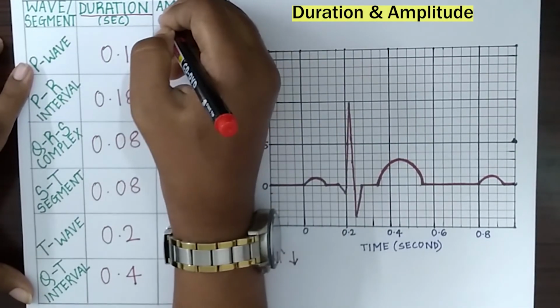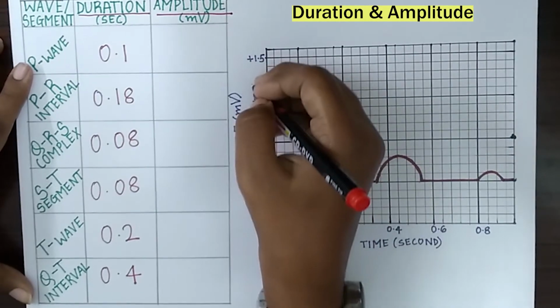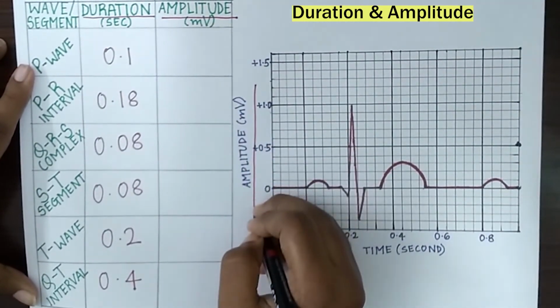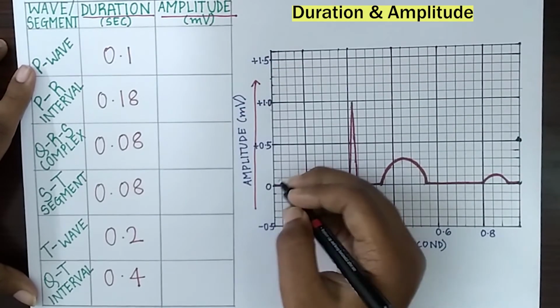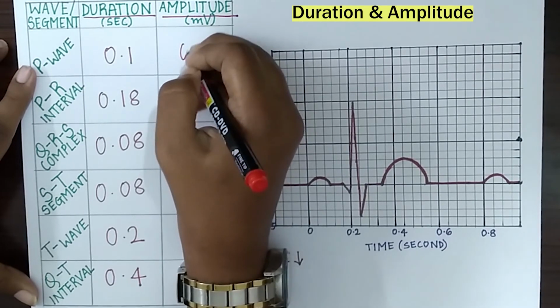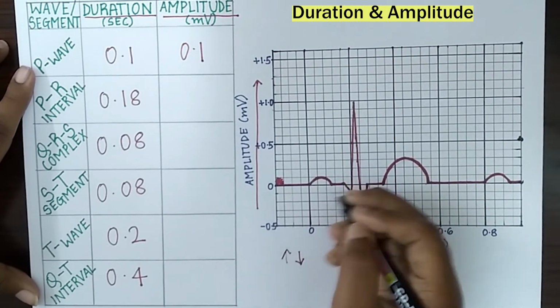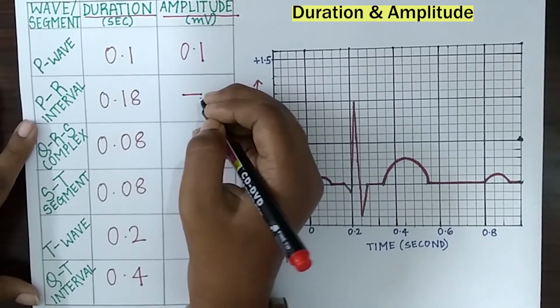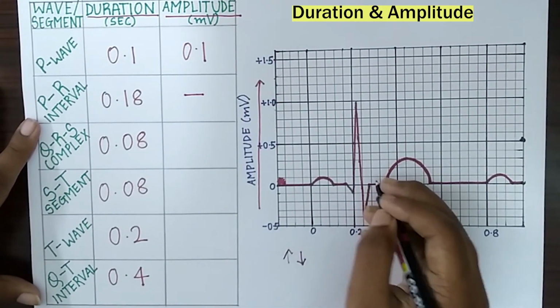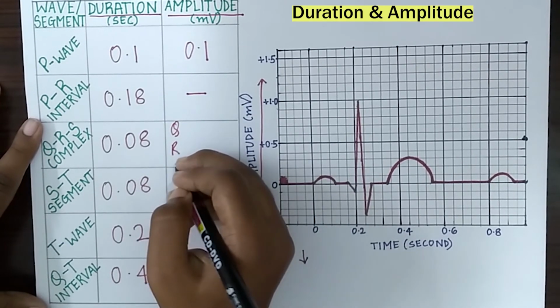So now let's see the amplitude of the waves. As we have previously discussed, on y-axis, one small box is 0.1 millivolt. So P wave is 0.1. PR interval lies on the isoelectric line, so it does not have any amplitude. Then we have Q wave, R wave and S wave.